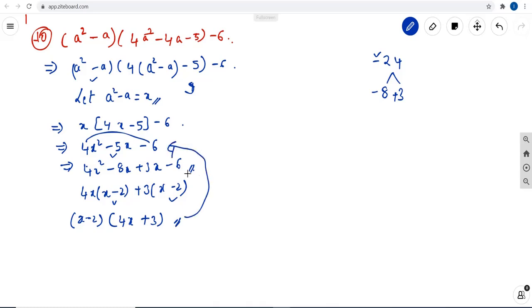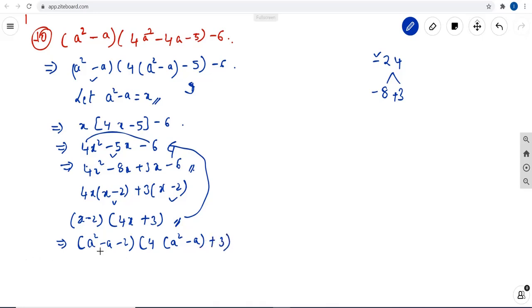Okay, so these are the factors for this term. Now what we have to do? We have to substitute back x is equal to a square minus a. So we will substitute back here: x is equal to a square minus a minus 2, one term, and one more term is 4 into a square minus a, close the bracket, plus 3.